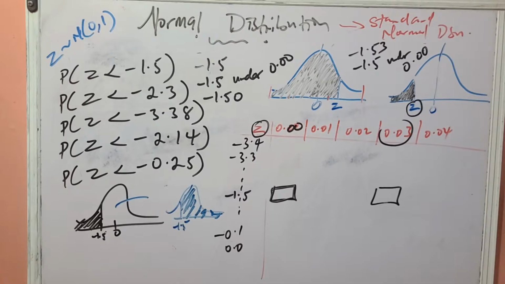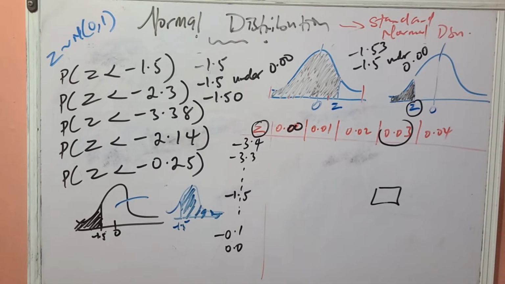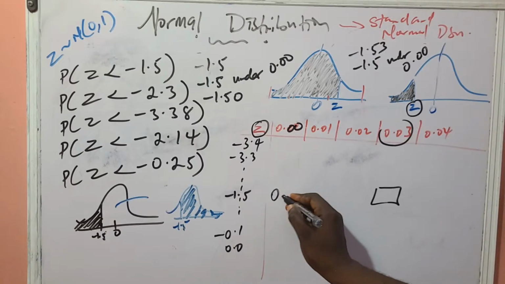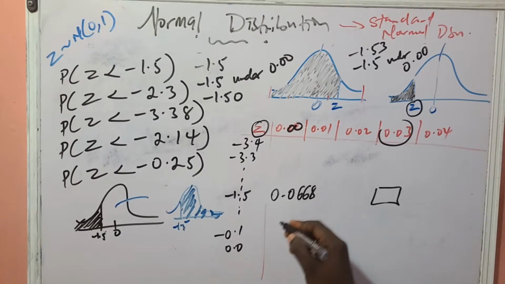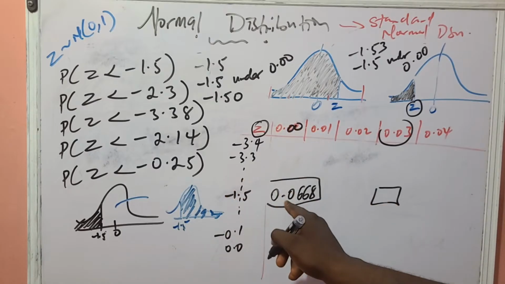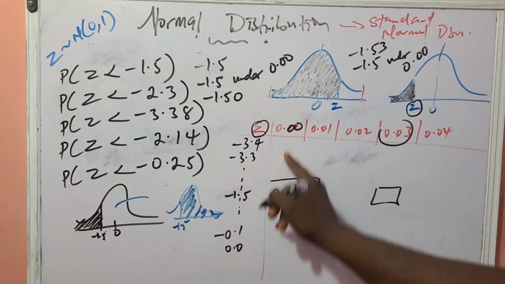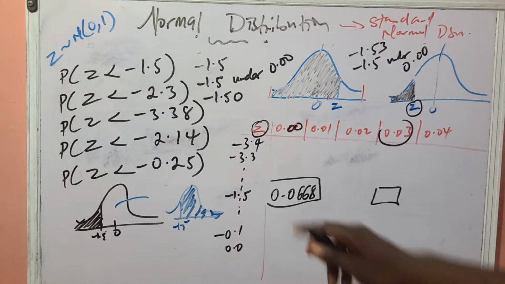I'm sure you are going to see that the value on your table there was 0.0668. This is the value you're going to get when you read minus 1.5 under 0.00. Thank you very much. So 0.0668 is what you're going to get out of that place.